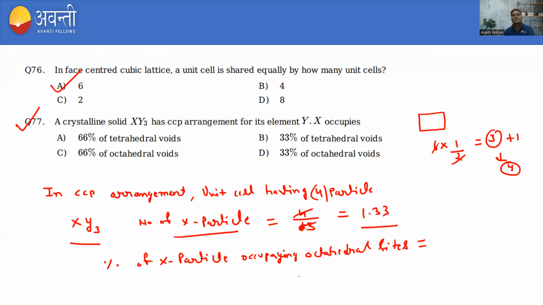So the percentage of X particles occupying the octahedral sites is 1.33 divided by 4 into 100. On solving, you'll get around 33%.